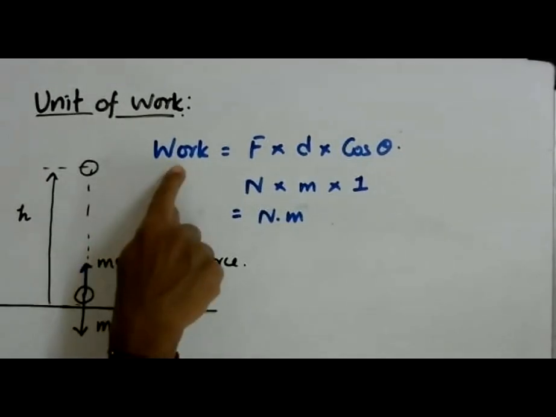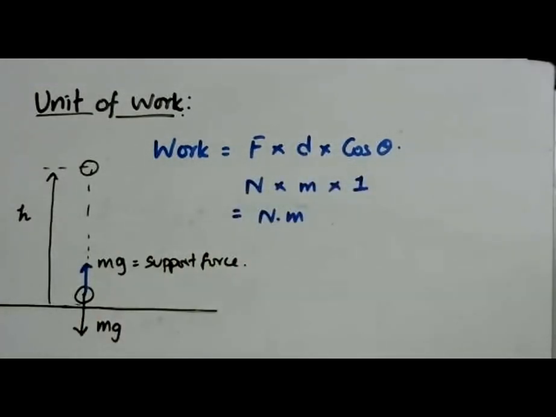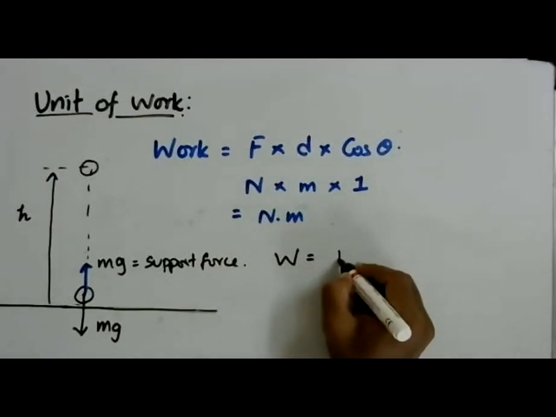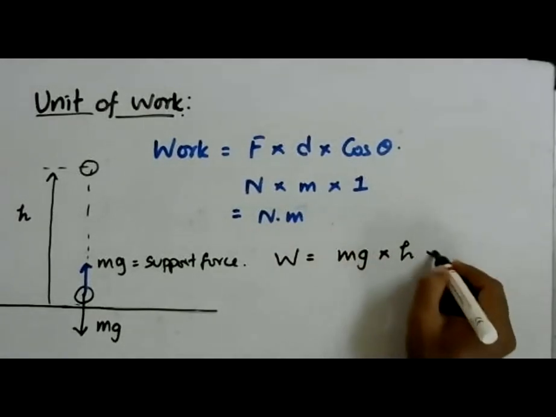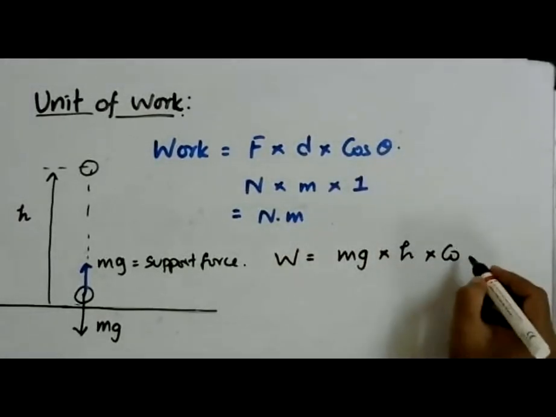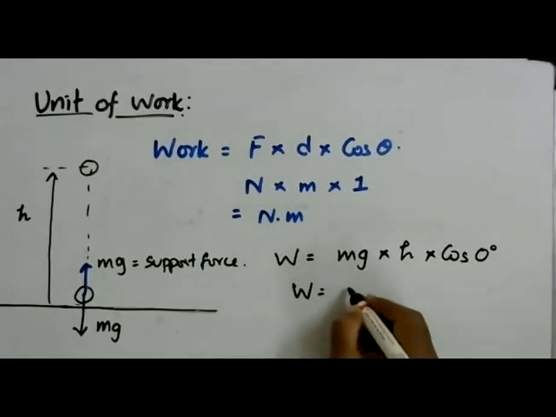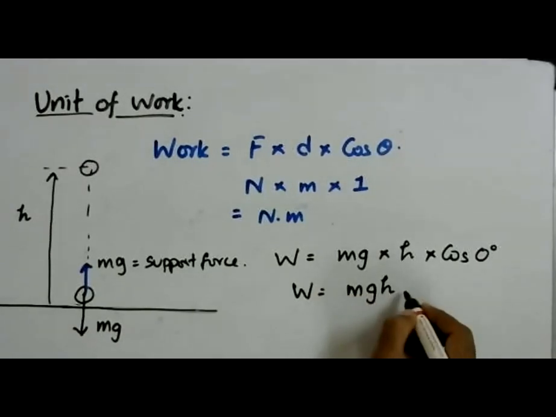Now if you look at the equation for work, F times d times cos theta, we figured out that substituting for those things, the force is mg, the distance moved is h, and the theta is 0 degrees, so cos 0 degrees is 1. So we get that the work done in lifting an object from this to that height is m times g times h.